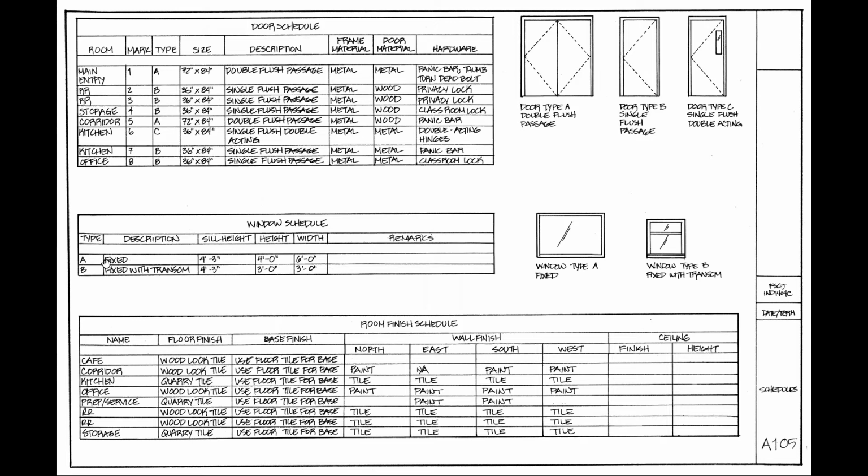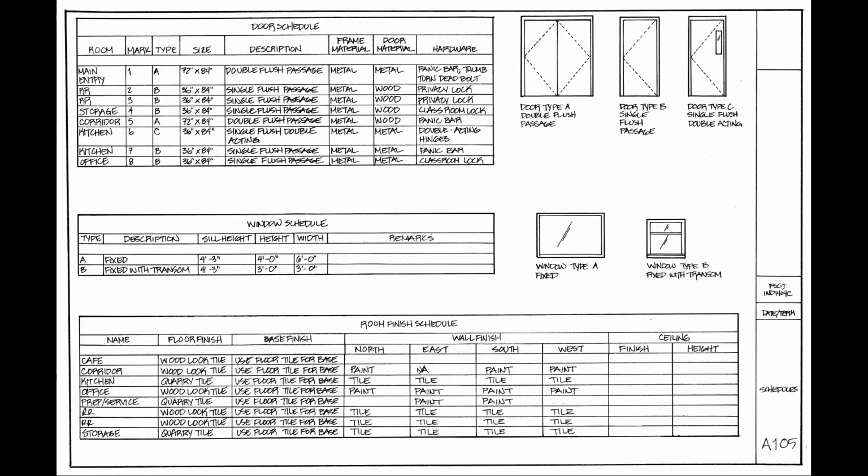And type B is also fixed, non-operable with a transom. And a transom is, as you can see here on the elevation for window type B, that's a little window at the very top. And anytime you have a door with a little window on top, that's called a transom. Or in this case, it's a little window on top of an existing window that's within the same frame.